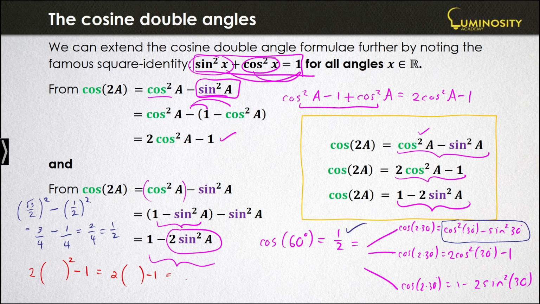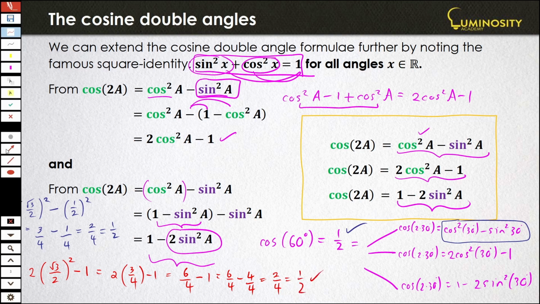Okay, so if I square root 3 over 2, it's going to be 3 over 4 minus 1 there. So 2 times 3 is 6 divided by 4 minus 1. 1 is essentially 4 over 4. So now I have it as common denominators. So 6 minus 4 is 2 over 4, and that's a half.